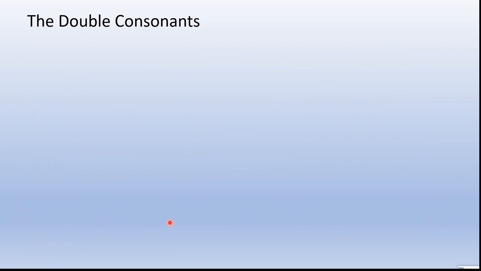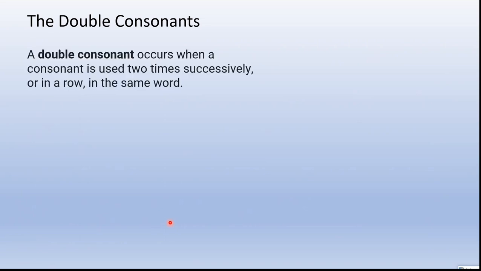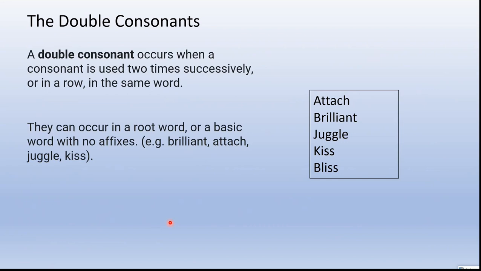Next comes the double consonants. So what is a double consonant? A double consonant occurs when a consonant is used two times successively, in a row in the same word, without a vowel in between. They can occur in a root word or a basic word with no affixes.